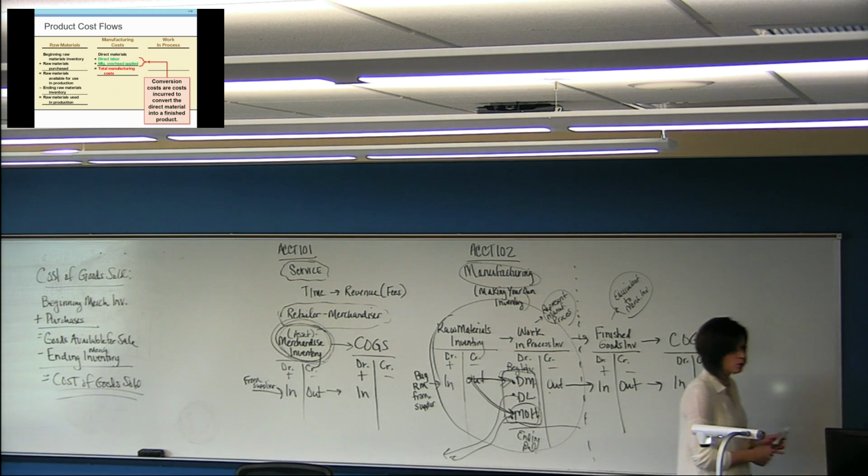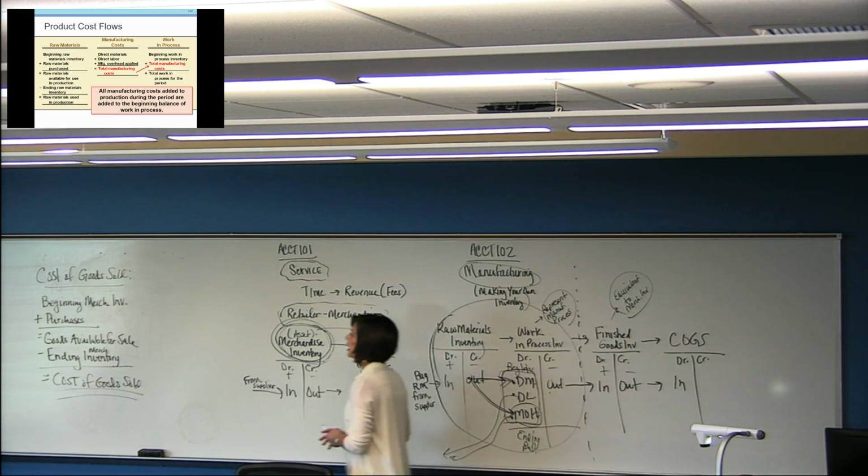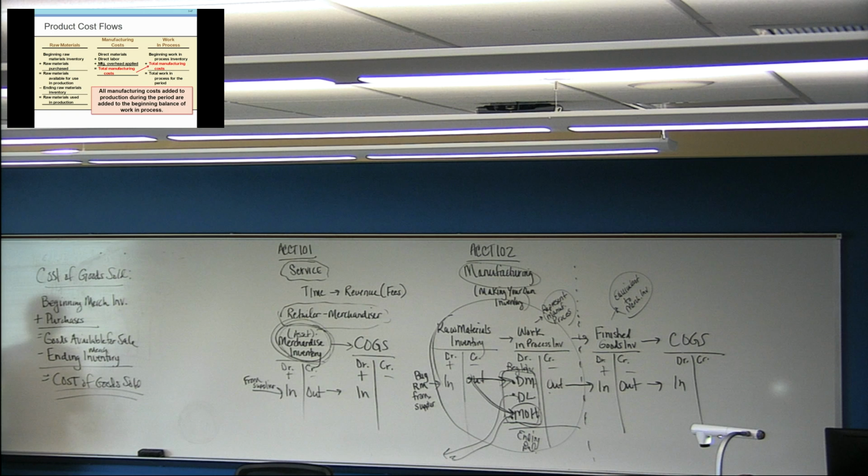All right, now that we have that total, we're going to now move that number into the work in process account. So watch, look, here's that formula again. We're just looking at a different inventory account. Beginning work in process inventory, right? Beginning merchandise inventory, beginning raw material. We're starting out with the same thing for all of them. Beginning inventory, it's just another inventory account, right? We add, in this case, look, here I bought my inventory already finished, didn't I? My raw materials, I bought them in their raw state.